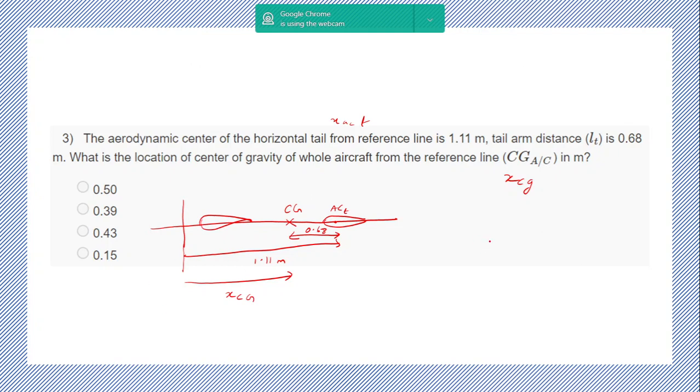How do you find that? It's just the difference between these two, right? 0.68. How much is that? Meters. So that is this one.